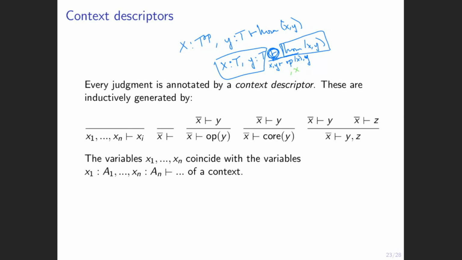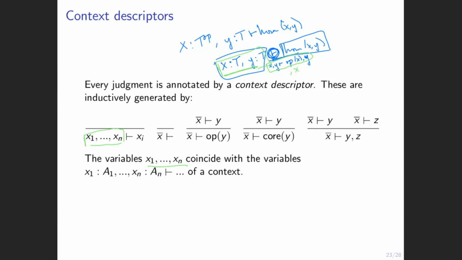Thanks. Okay, so we have these context descriptors that are these kinds of sentences, and this is some kind of sequent calculus, and they're inductively generated in the following way. As I'm saying below, all the variables in the context of these variables here in the beginning of the turnstile coincide with the variables in the context of our judgment.